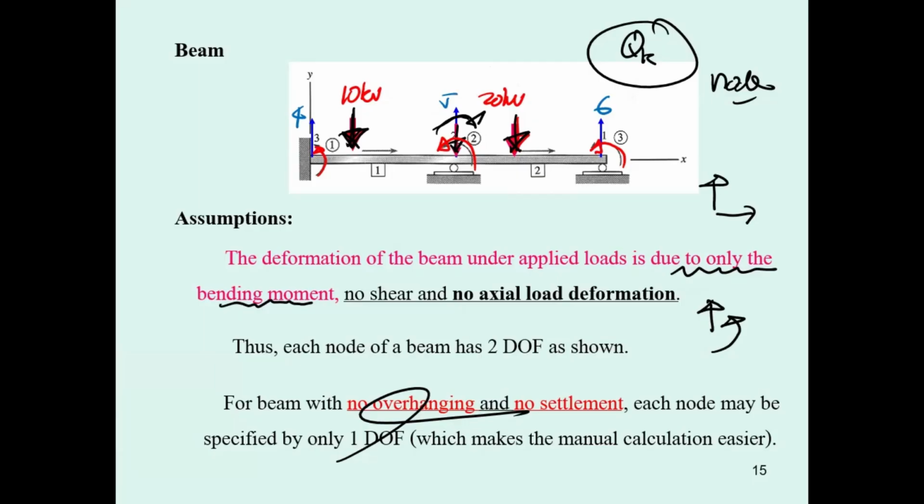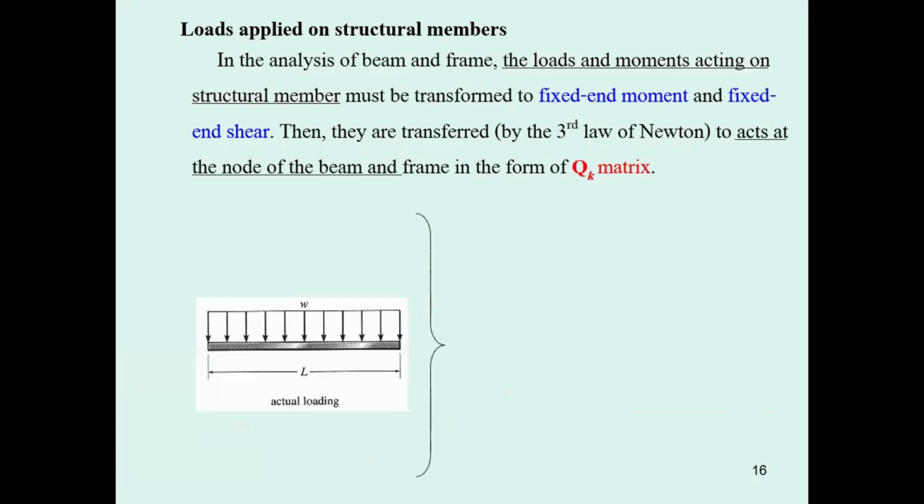Now, let Ajahn move you a bit to this very important thing. Again, the truss, when we studied it, is subjected to the loading at the node. But the beam isn't. The beam is subjected to the loading at the node sometimes, but most of the time it's going to be between the nodes.